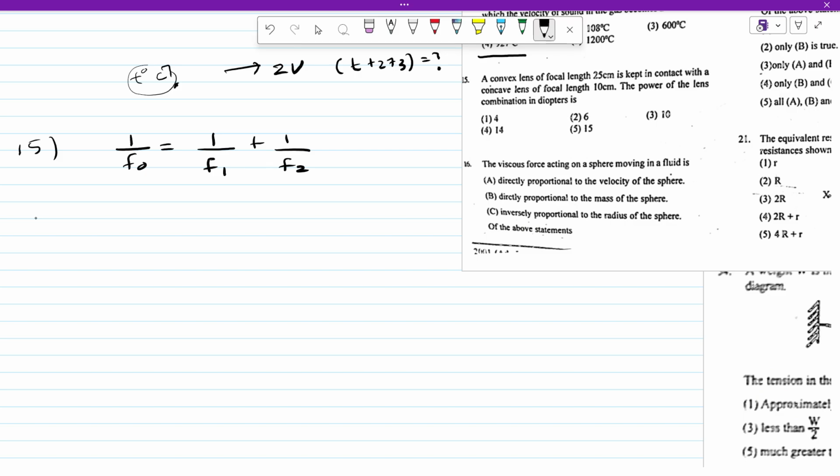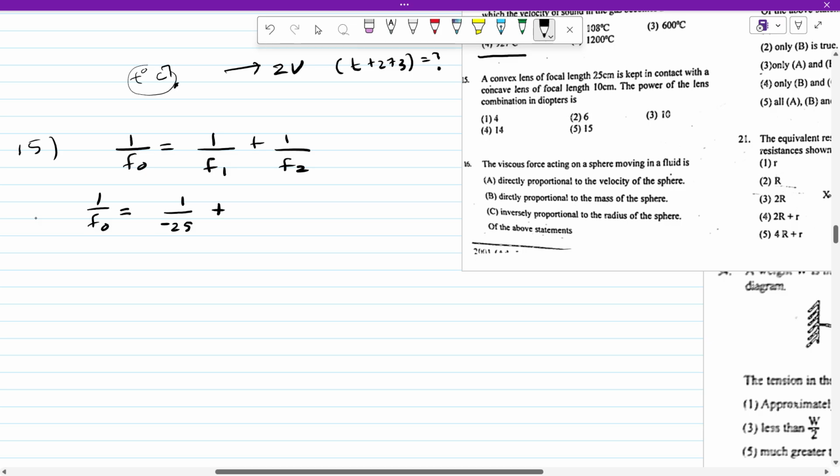We can add even more, but since they are talking about two specific lenses, this is sufficient. Now we are unaware of the composite focal length. First one is a convex lens of focal length 25 cm. Convex lenses are positive, right? 1 divided by 25, applied in centimeters is quite fine.